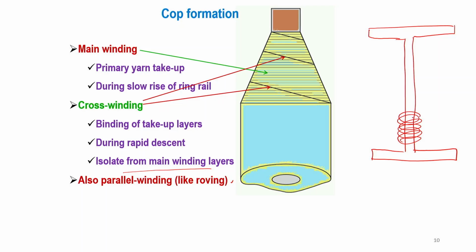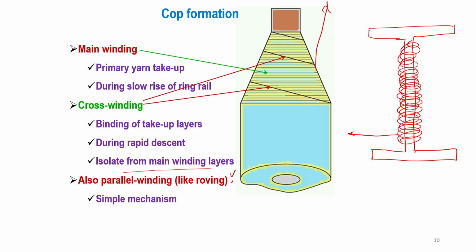Here we can have parallel winding, no cross winding or main winding. But here we have to unwind from the surface, called surface unwinding, whereas in cone winding, as we will see, we unwind from the top, which is called nose unwinding. So that is a different aspect here.